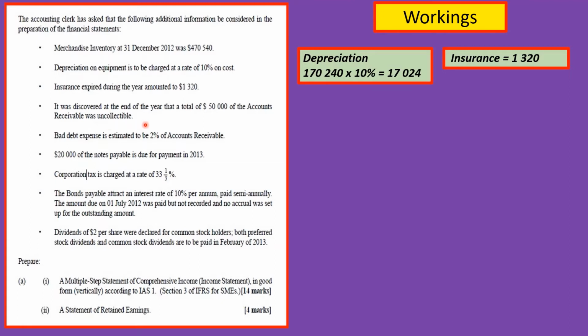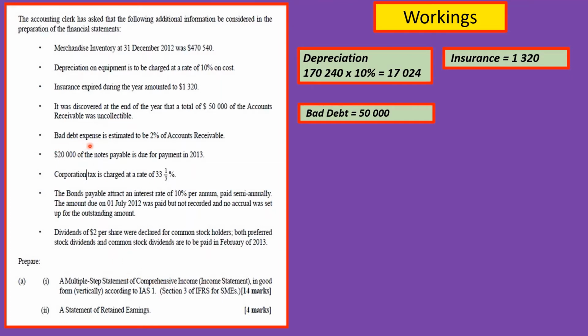So 50,000 is bad, and you have to write it off as bad. So bad debt 50,000. We are not going to do the balance sheet section, so we don't need to subtract it from accounts receivable. All they ask us for is a statement of comprehensive income.